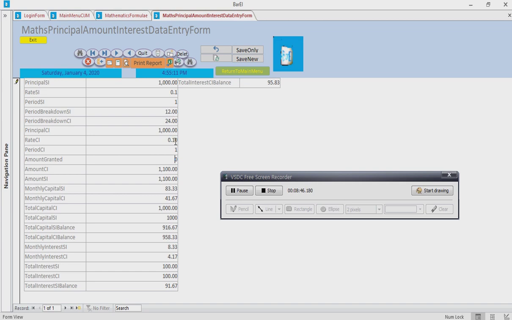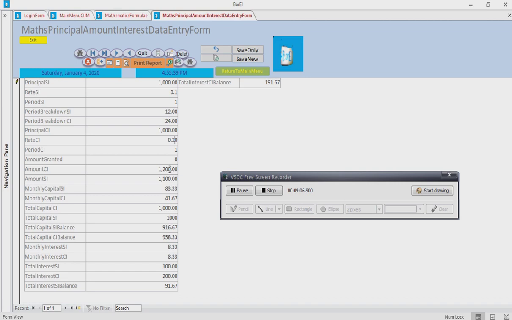Let us say maybe the interest rate is 0.2.